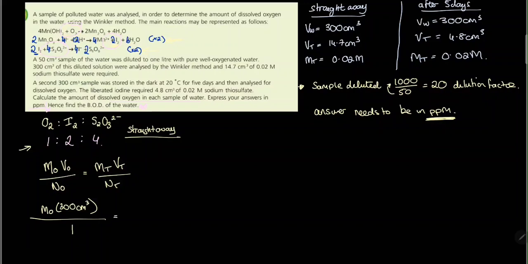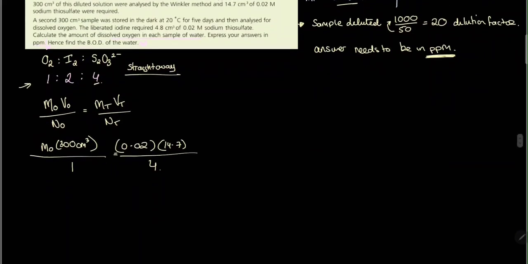The molarity of the sodium thiosulfate is 0.02. The volume that was used in the titration that was done straight away is 14.7. And then the number associated with sodium thiosulfate is 4. So maneuvering that equation around to find the molarity of the oxygen, then we're going to get an answer of 2.45 by 10 to the minus 4 moles per litre of oxygen.